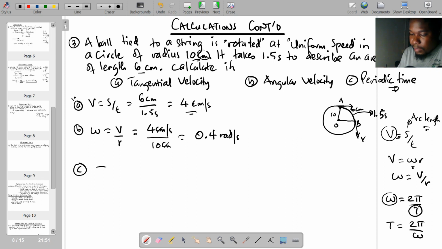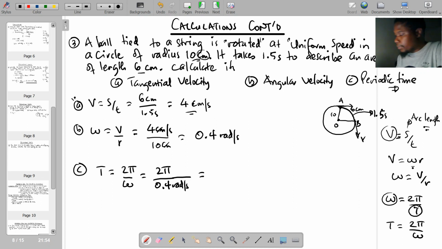So time period will be equal to 2 pi over omega, and omega we found as 0.4 rads per second. That means our time period will end up being 2 times pi, divided by 0.4, which gives us 15.708 seconds as our answer.